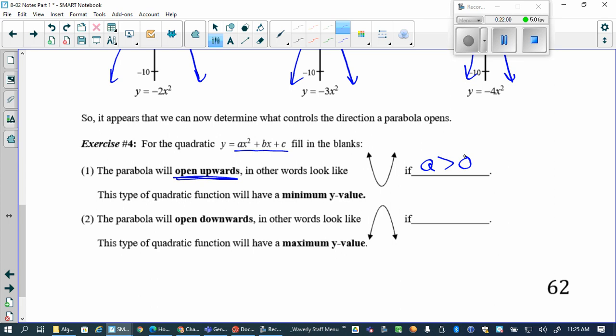It can't be equal, because zero is not positive or negative. So this is another way to say positive. And it'll have a minimum y value and be concave down when a is what? Less than 0, also known as what? Negative, right?